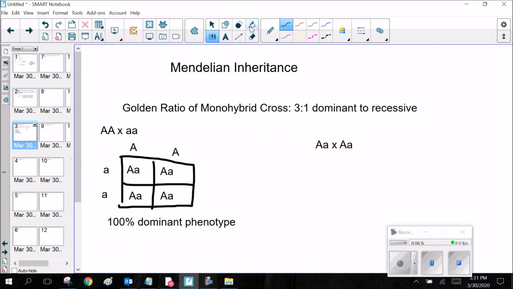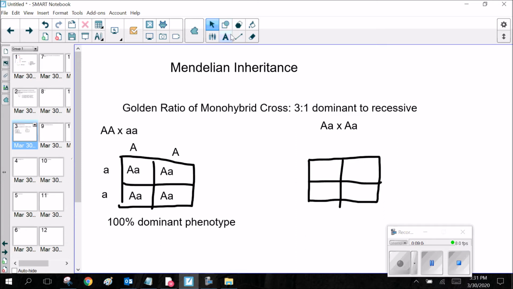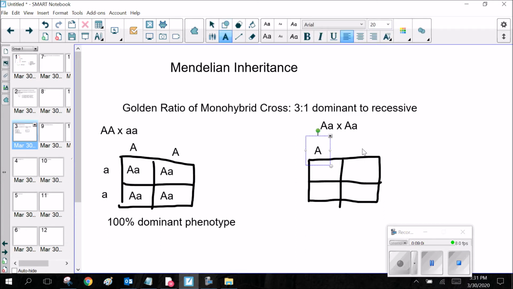He then took 2 of these organisms from that cross, and he crossed them together. And he went ahead and made his little Punnett square here. Okay. And he went ahead and he performed that cross. And what did he find? Well, he found that golden ratio for the monohybrid cross. So here we're going to see it made over here: big A, little a, little a, and little a.